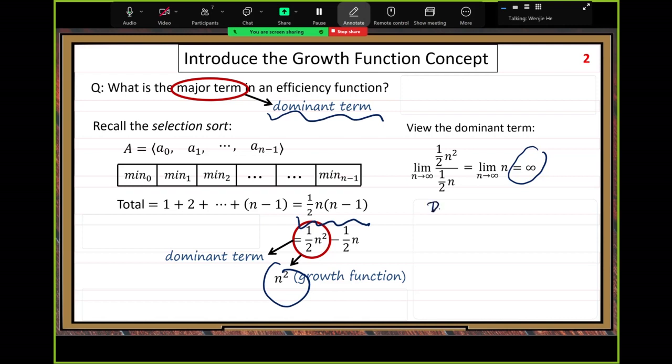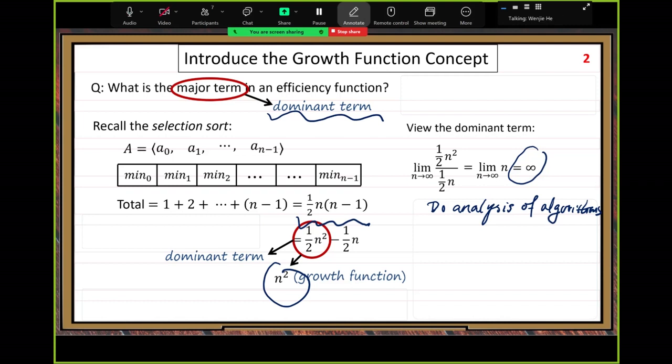So we do analysis of algorithms. In order to do that, when we start, first we need to find the efficiency function.